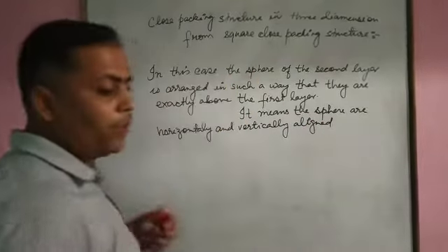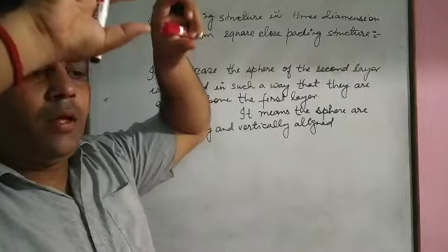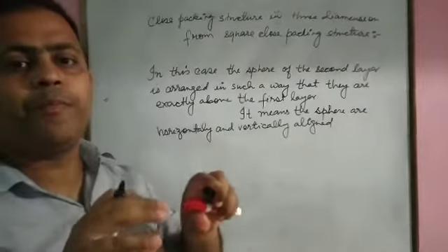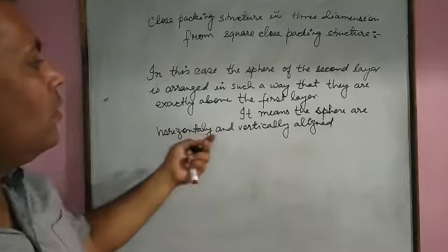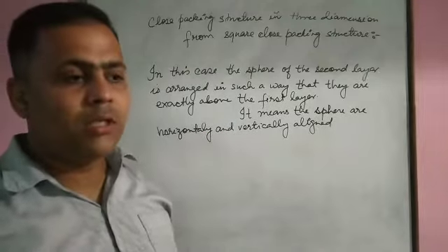As we have seen, we have the first layer and the next layer is just above the first layer. In this case, the spheres are horizontally aligned together with being vertically aligned.